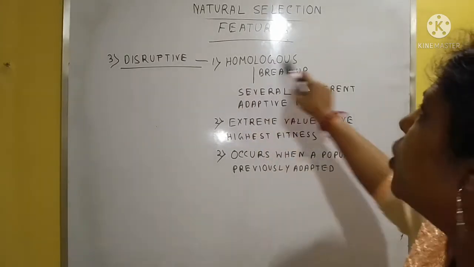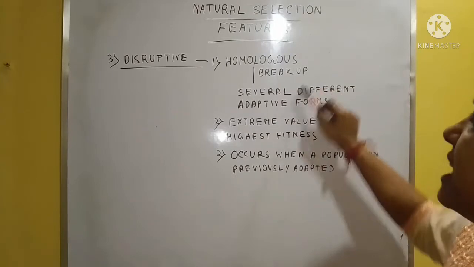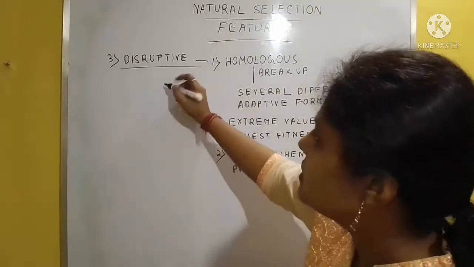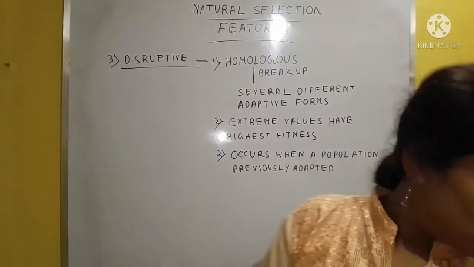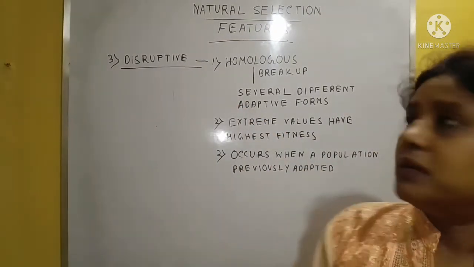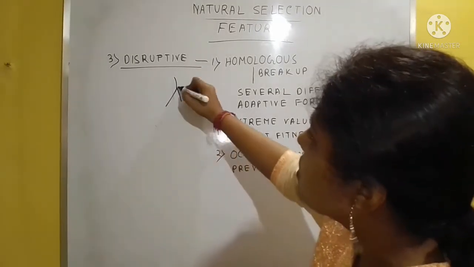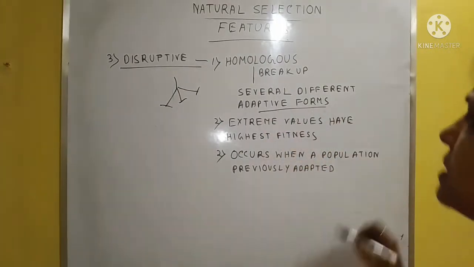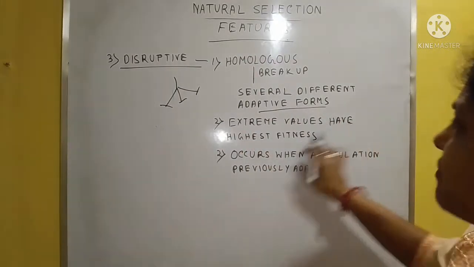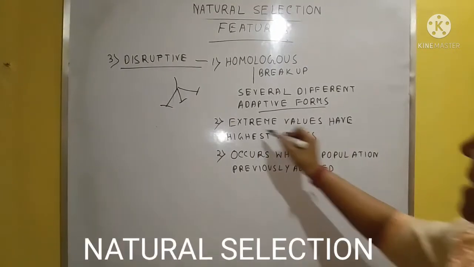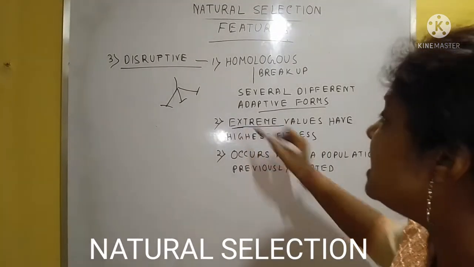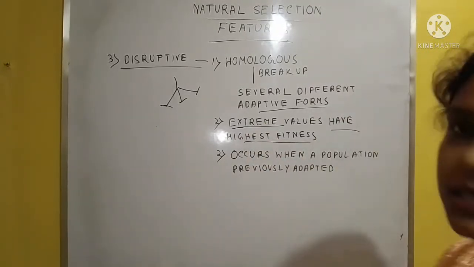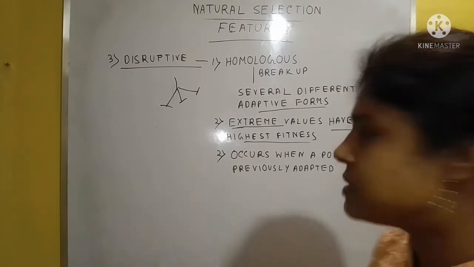One is that the homologous species break up into several different adaptive forms, into two or three parts. Okay, adaptive forms. The second one is the extreme values have the highest fitness. The individuals which have the extreme values have the highest fitness, rather than others.